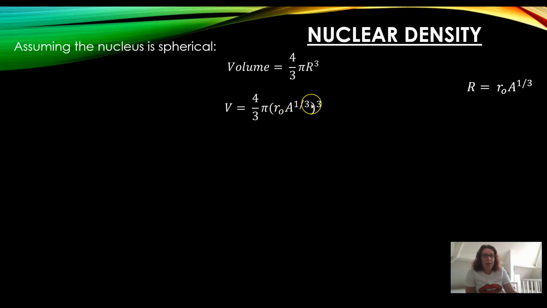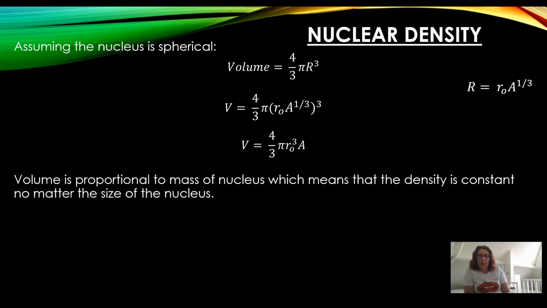If you expand out this bracket, that becomes 4/3 pi R0 cubed A. Now, volume is proportional to the mass of the nucleus, which means the density is constant no matter the size of the nucleus. So basically, the only thing that determines the volume of the nucleus will be the mass of the nucleus.